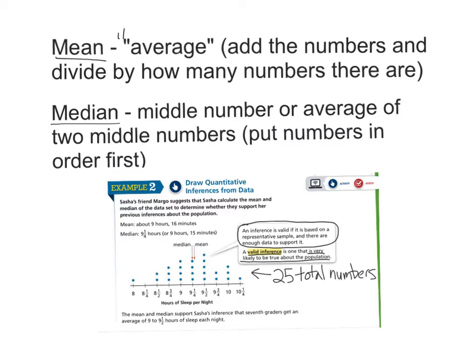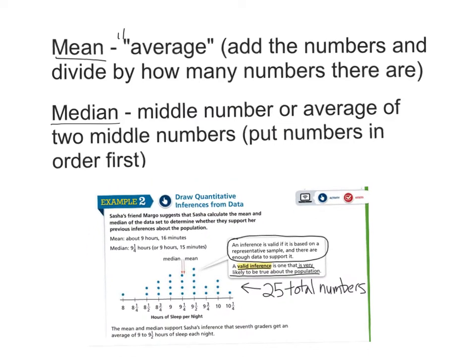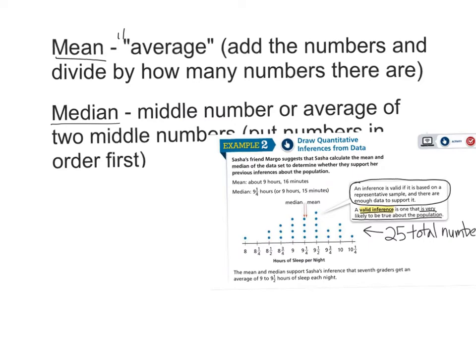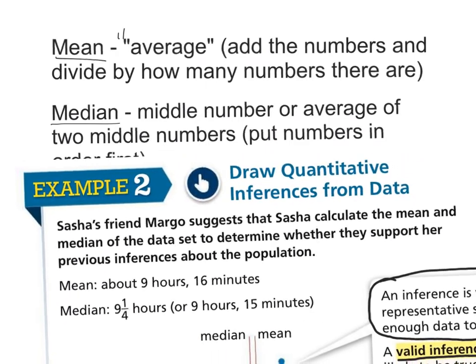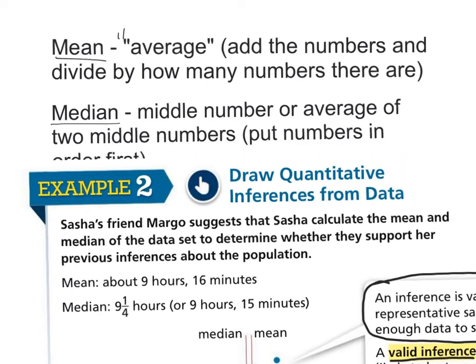The median is the middle number, or the average of the 2 middle numbers, after you put the numbers in order. For example 2, it says Sasha's friend Margot suggests Sasha calculate the mean and median of the data to determine whether they support her previous inferences about the population.